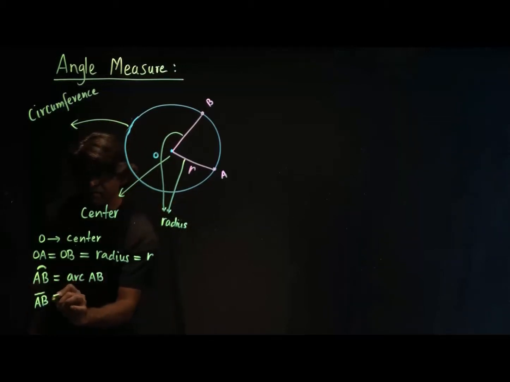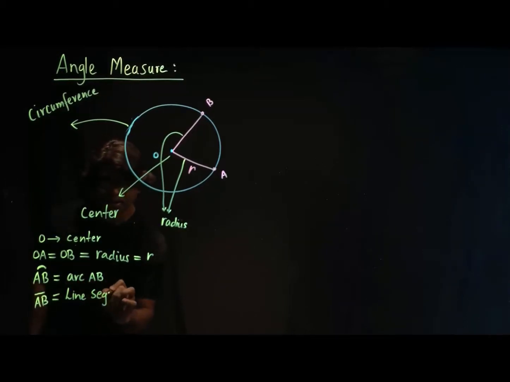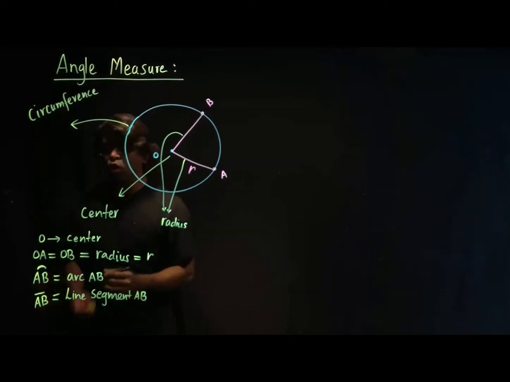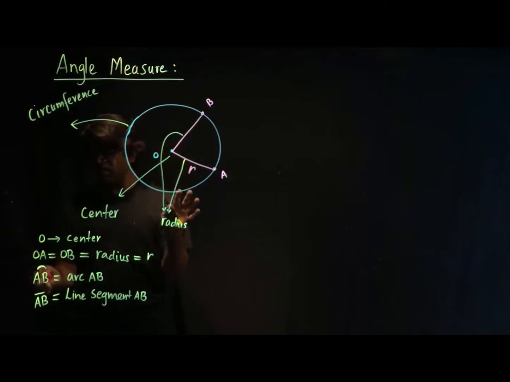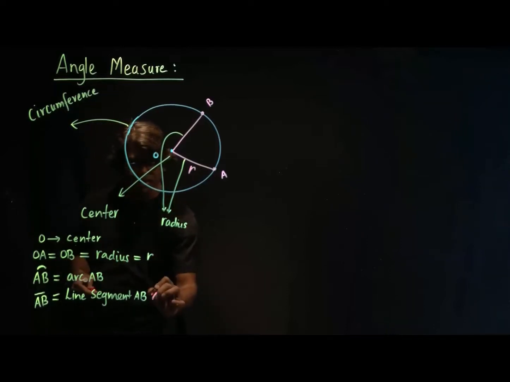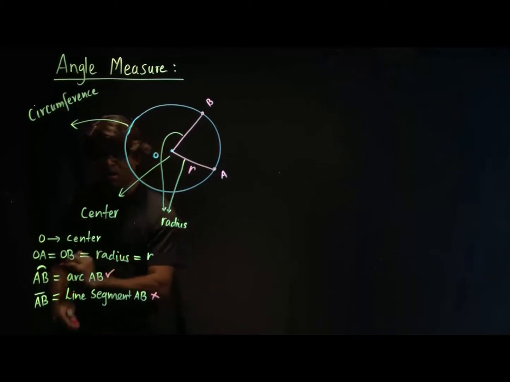But if I have this symbol, I will read it as line segment AB. For this expression, we have AB and a curve at the top, so we're not talking about a segment, but we're talking about arc.